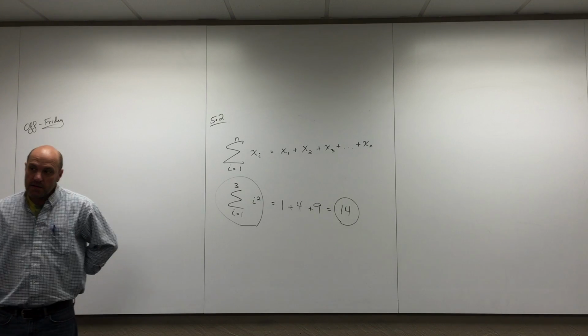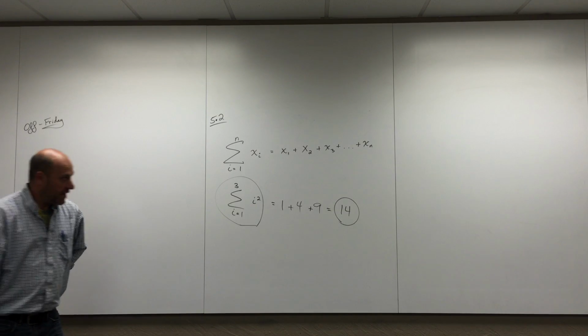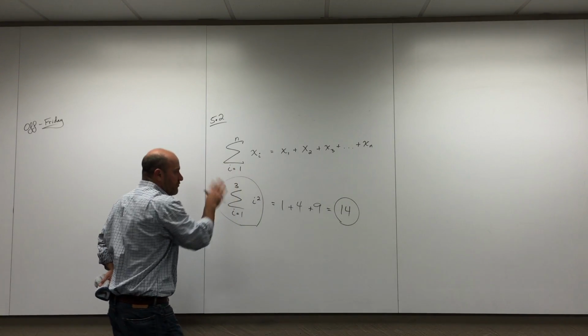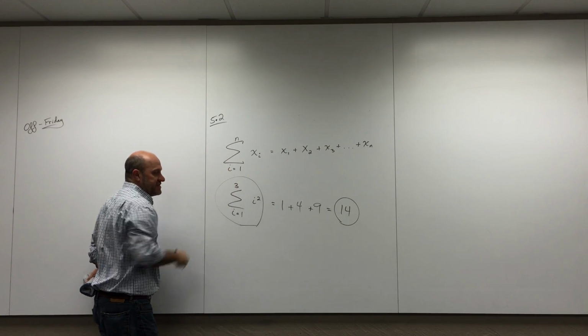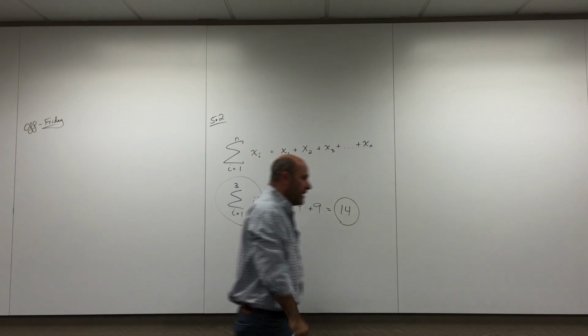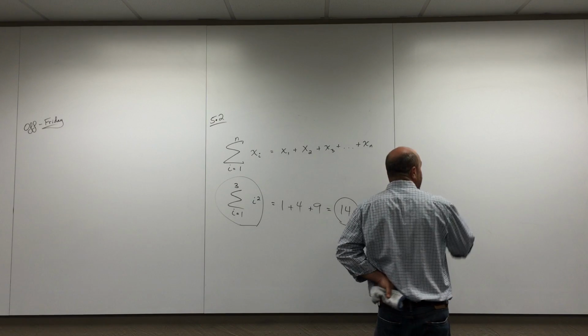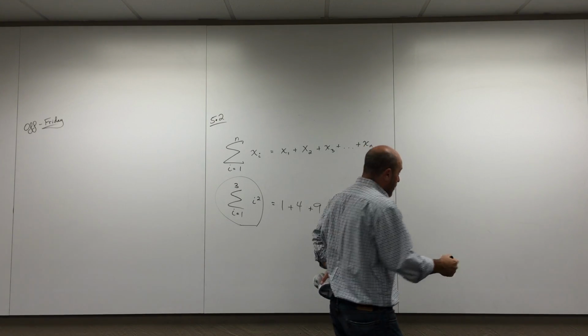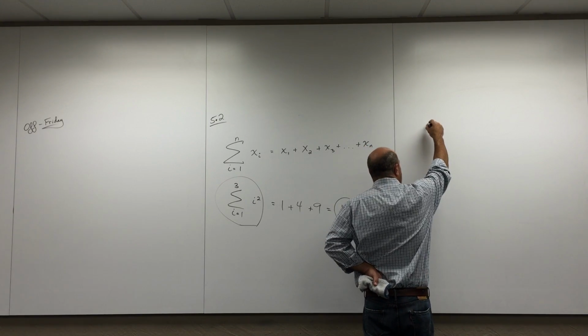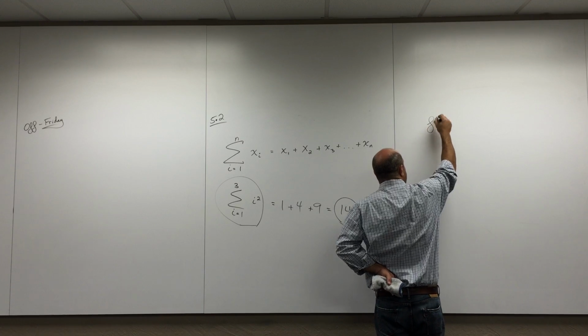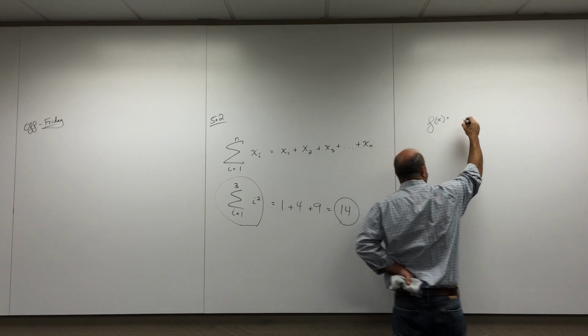Well then, here's the big point. This is just a little preliminary teaching you about a symbol. The big point is, what I want to do is find the area under a curve. So I'm going to try this. I'm going to give you a function here.